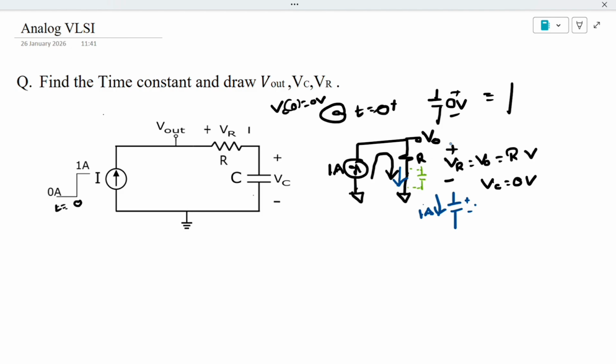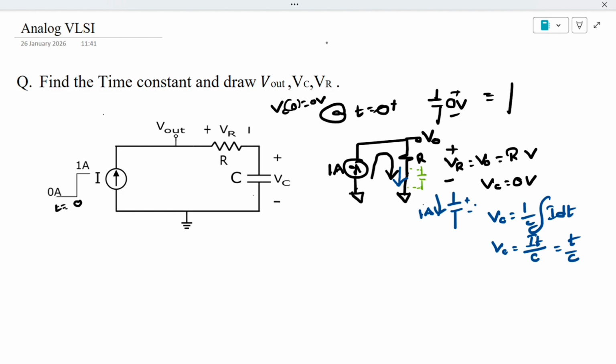The voltage equation can be given as VC is equal to 1 by C integral I dt, right? So it will be dependent on time. I means 1 ampere, so I into t divided by C. It is t by C. So it will keep on charging like this.